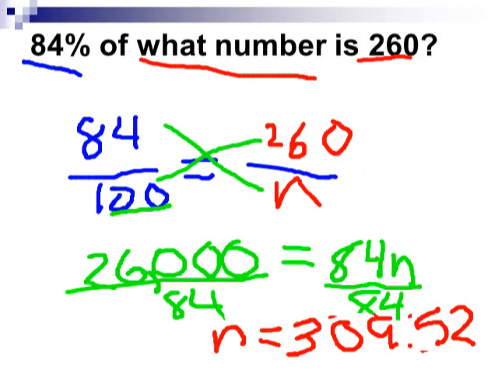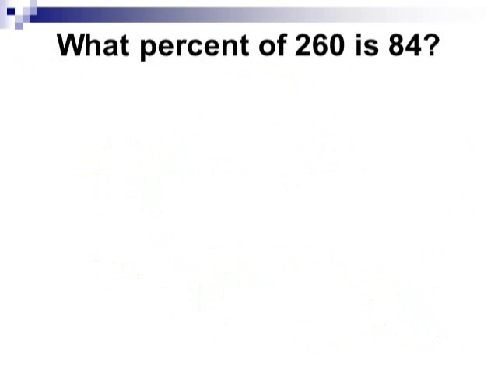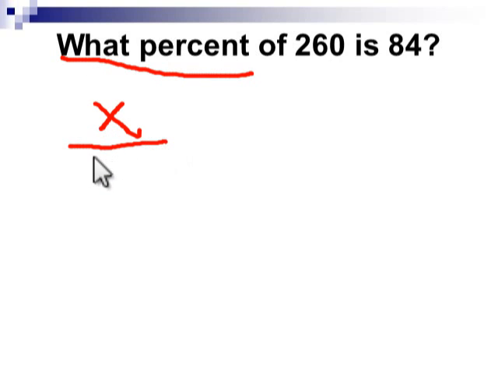So last example using proportions. This time we don't know what the percent is. We want to know what percent of 260 is 84. So you notice I'm using the same numbers, I'm just using them in different ways so you can see how to set up your problem. So what percent? That's the thing we don't know. So that's the ratio that we're going to write, X or whatever letter you want to use.